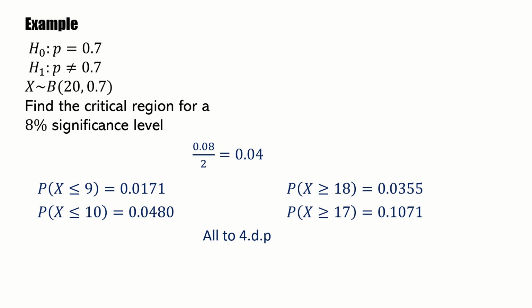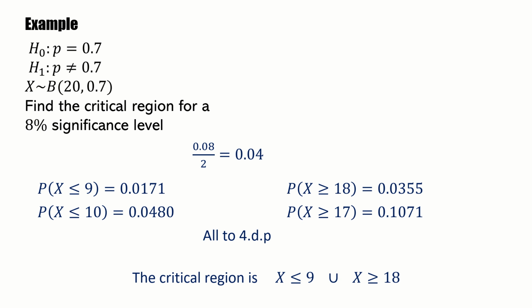Okay, but therefore, what decides our critical region? Well, again, we don't want to go over 4%. You need to write all these probabilities down, but the ones that lead to the final answer are ultimately just X less than or equal to 9 and X greater than or equal to 18, because for both of those respective tails, those are the last regions for successes that lead to a probability still below our significance level threshold.